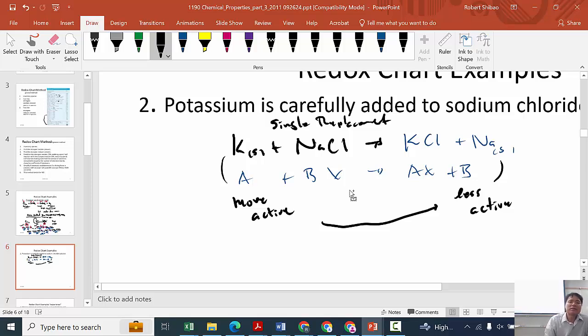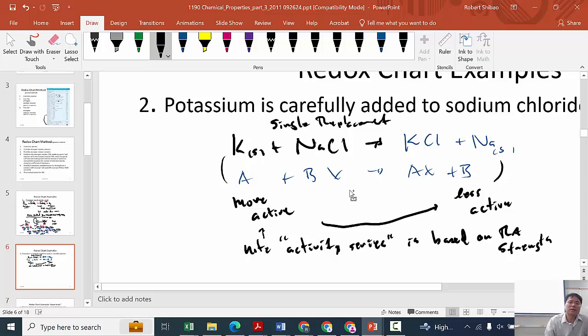Note, the activity series is based on reducing agent strength.